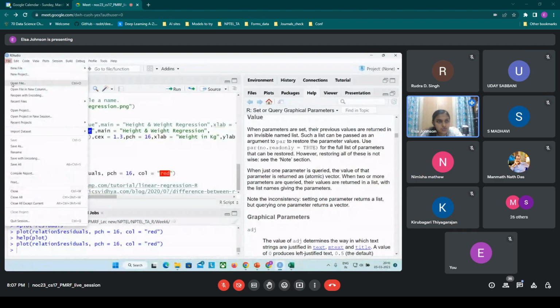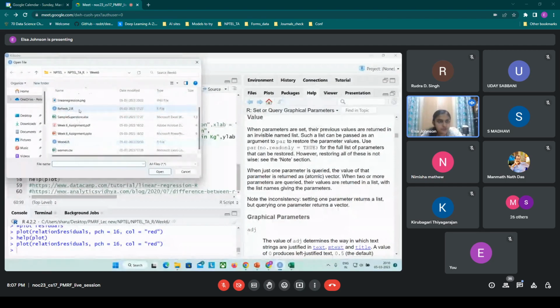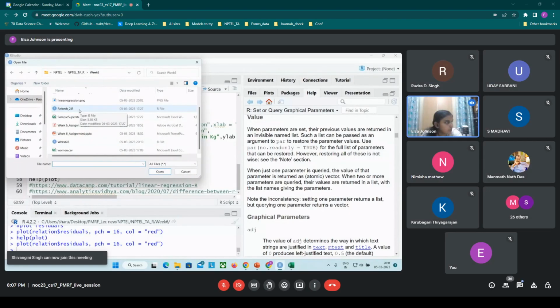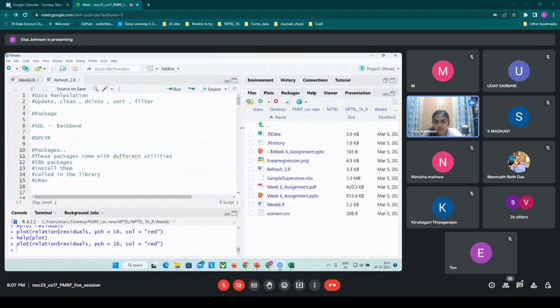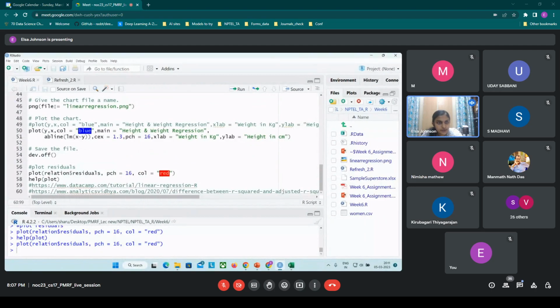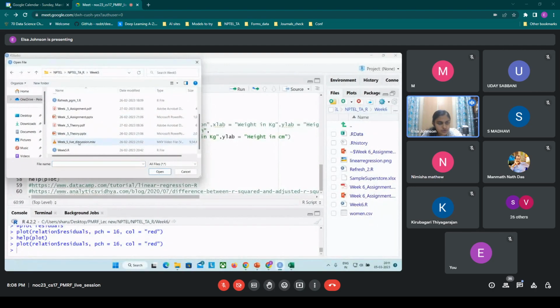Now we'll refresh what we have done with R till now, because from next week onwards, after looking at linear regression, you'll be progressing in R for most of the different things. So we will refresh some programs in R. I'll minimize this. For example, when you are trying to plot like this, just wait a moment.